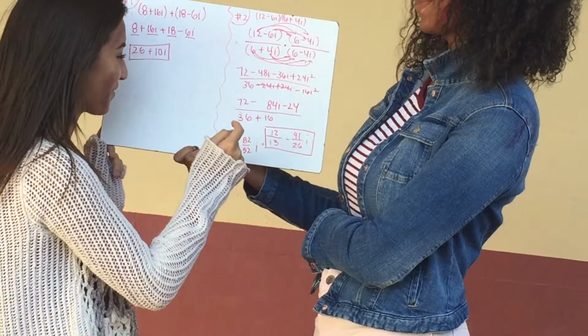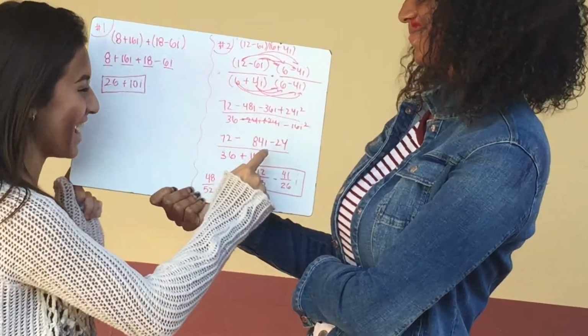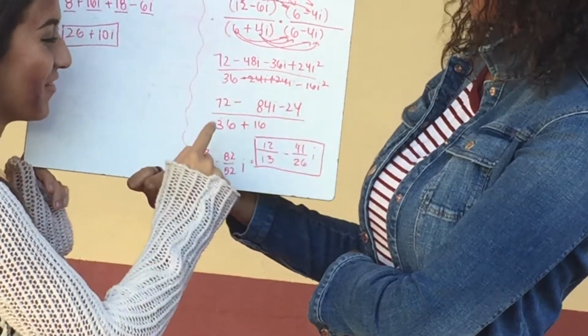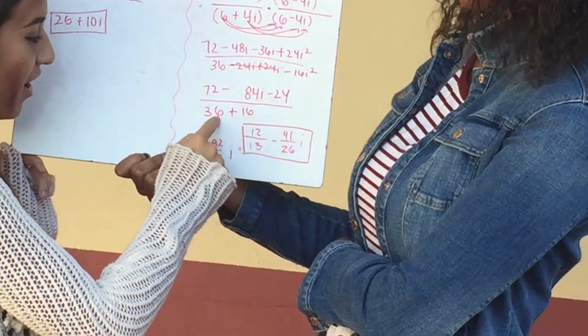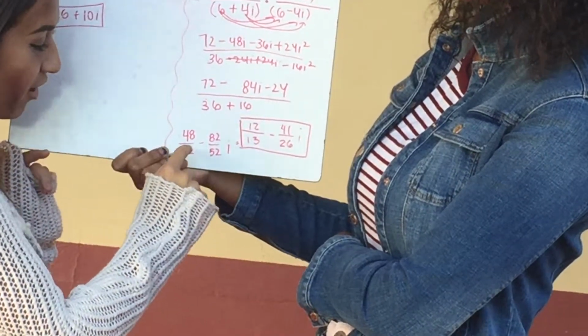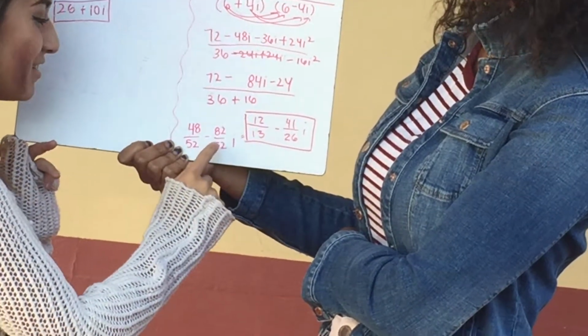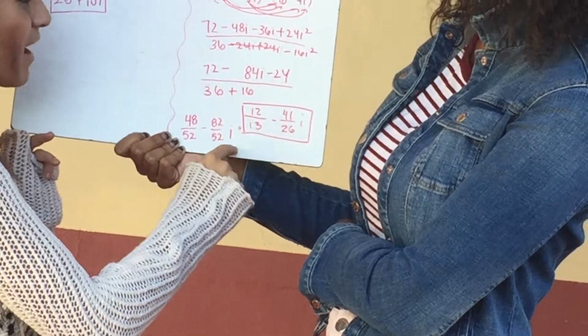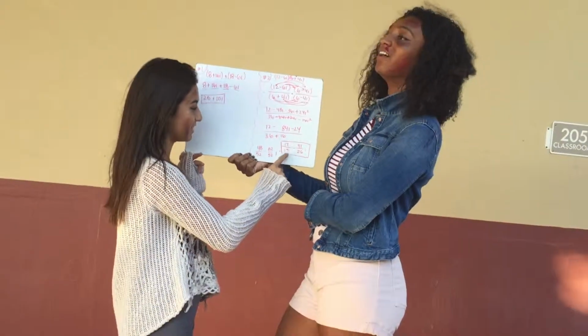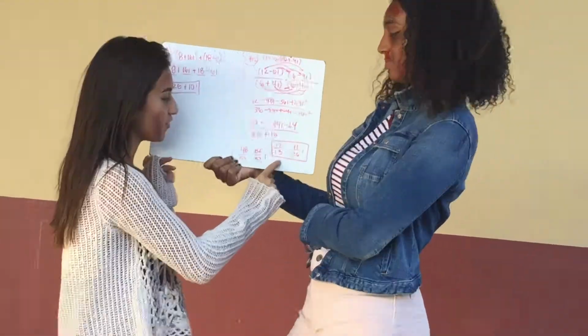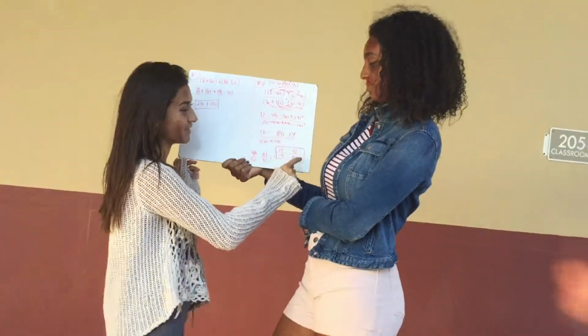And so you're left with 72 minus 84i minus 24 over 36 plus 16. And that reduces down to 48 over 52 minus 82 over 52i. And finally, it reduces all the way down to 12 over 13 minus 41 over 26i.